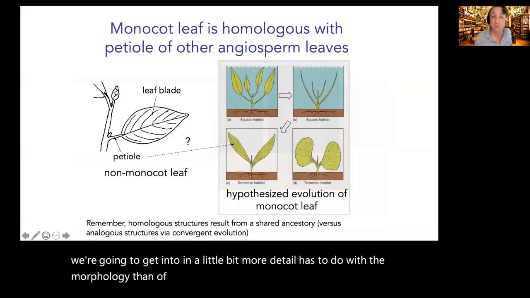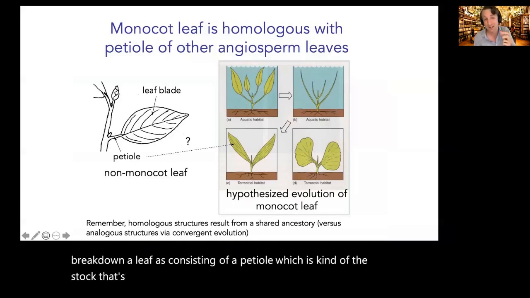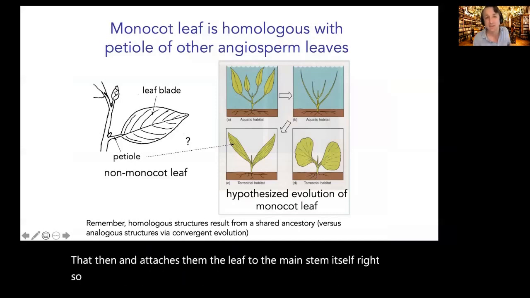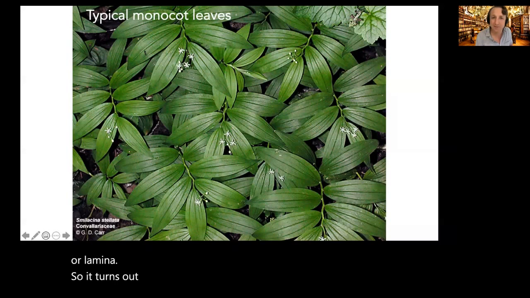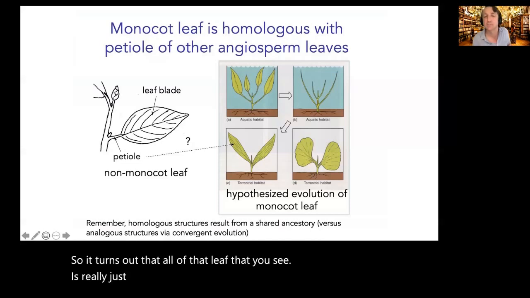For today, we're going to break down a leaf as consisting of a petiole, which is kind of the stalk, the branch that attaches the leaf to the main stem itself, right? So the petiole is that initial stalk, and then you have this leaf blade or lamina. It turns out that all of that leaf that you see is really just an elongated petiole.